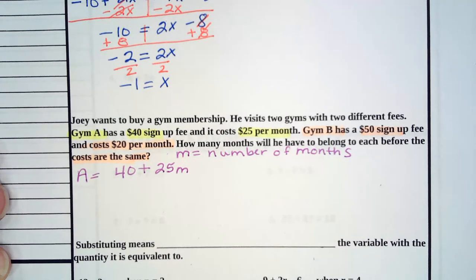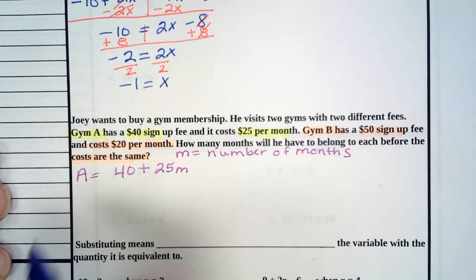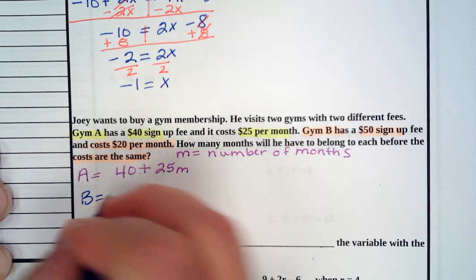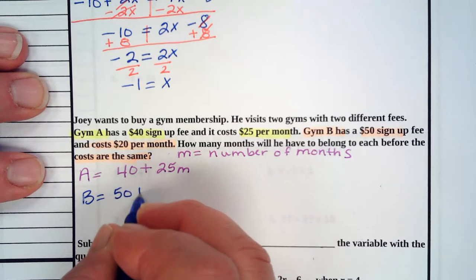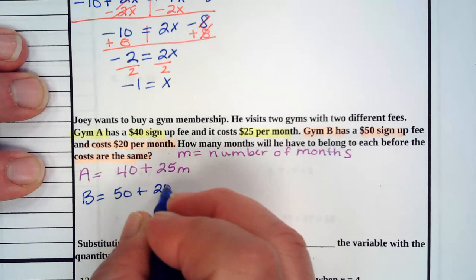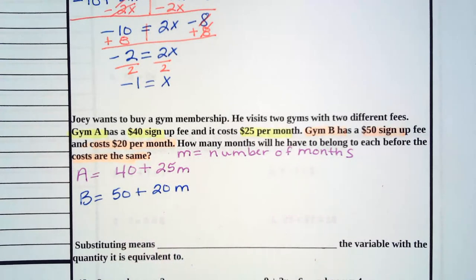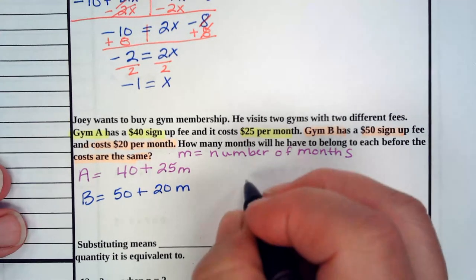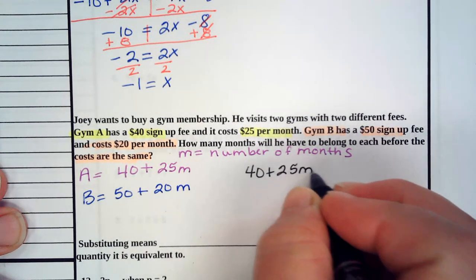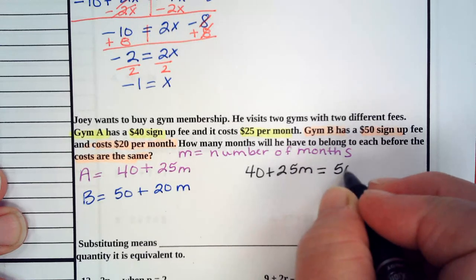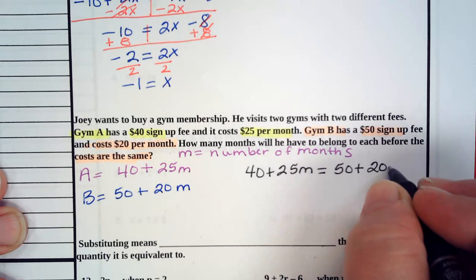Okay, let's look at Gym B. Before we walk through the door, we have to pay $50. But this time we only pay $20 per month. And we want to know when those costs will be the same, when it will be equal. Let's figure it out. 40 plus 25M is equal to 50 plus 20M.